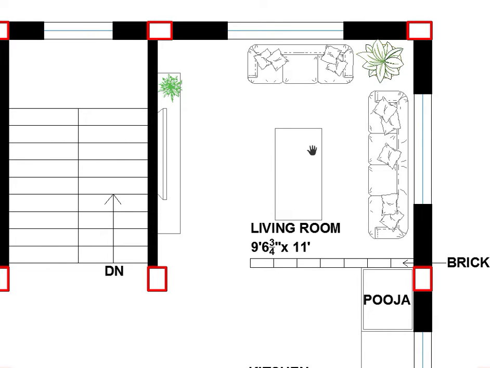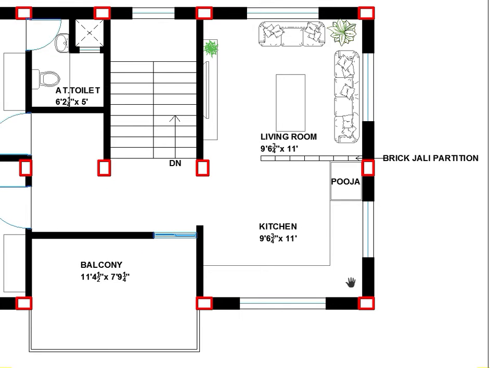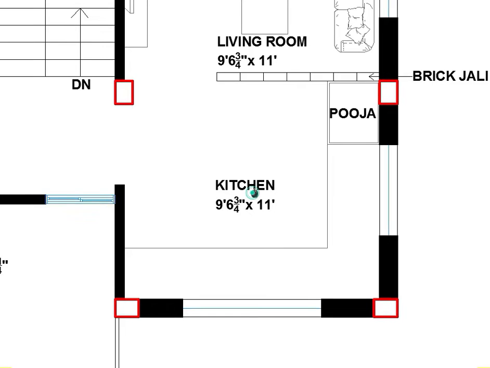This one is the living room, which is 9 feet 6 inch by 11. It means here to here 9 feet 6, and here to here 11. Here is the kitchen space, which is the same size as the living space.